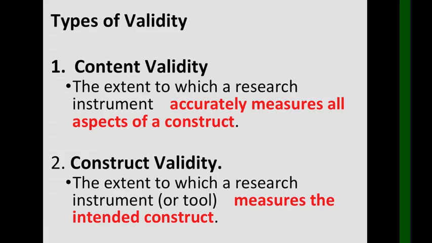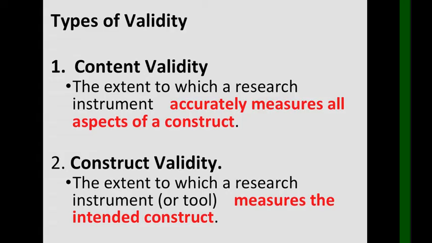There are different types of validity. The first one is what we call the content validity, the extent to which a research instrument accurately measures all aspects of the construct. The second is the construct validity, the extent to which a research instrument or tool measures the intended construct. Okay, so pag sabing content, ang mini-measure nito yung aspect nung kanyang construct, no?